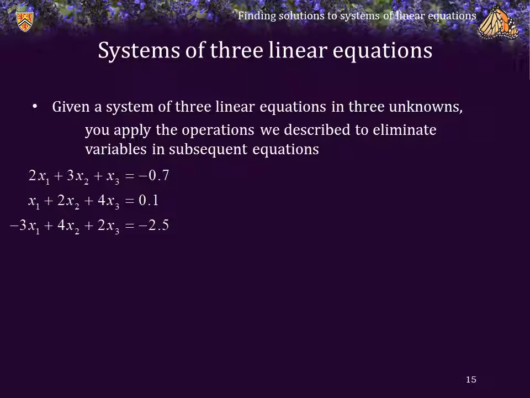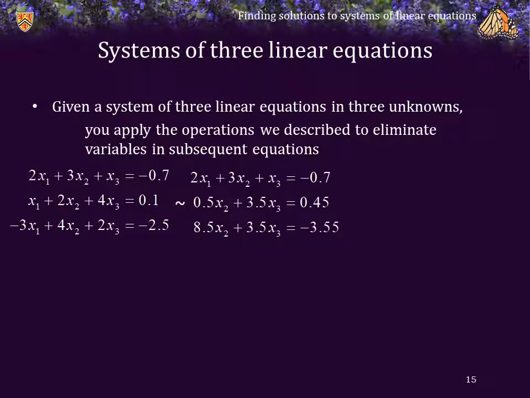Similarly, I would add 1.5 times equation 1 onto equation 3. Those are acceptable operations on equations, and if you were to perform them, you would see that the first system of linear equations is equivalent to this second system of linear equations.